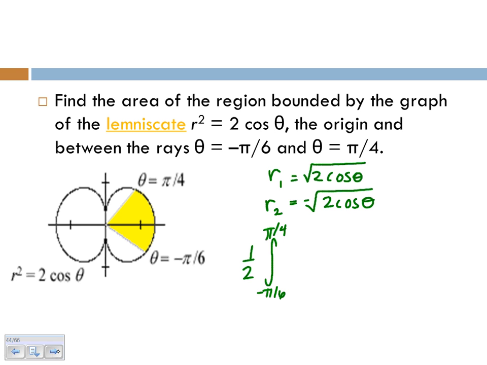Okay, so we have our square. Do I square this guy? No, because I want r squared to go in there, and I already know what r squared equals. Okay? So now go do that by hand.